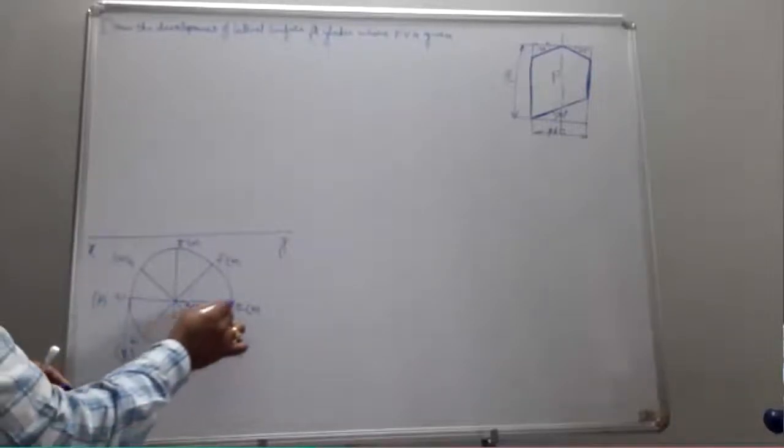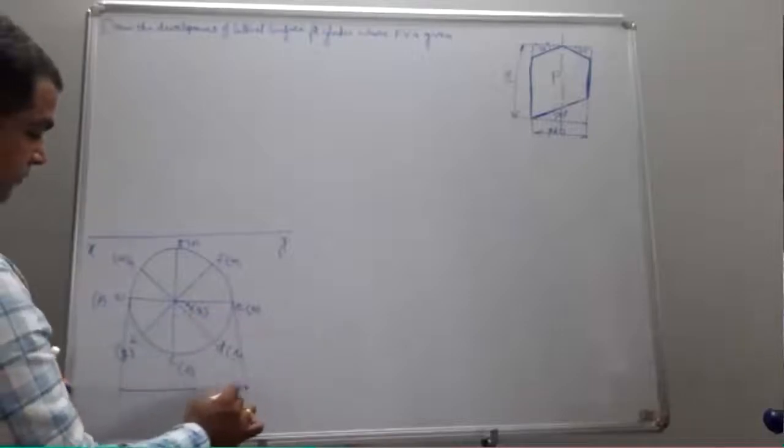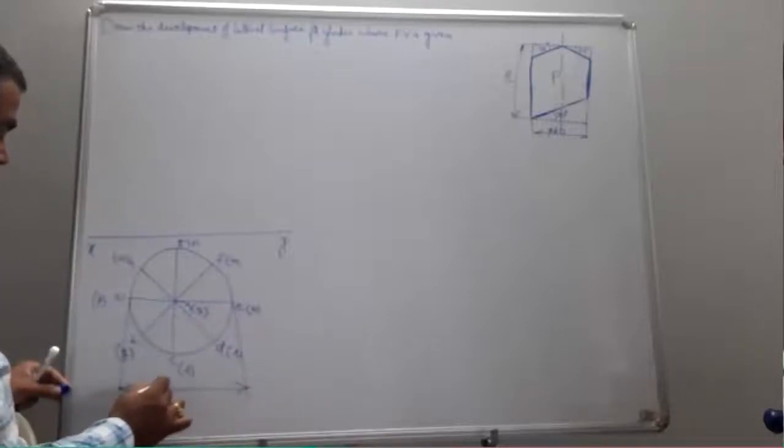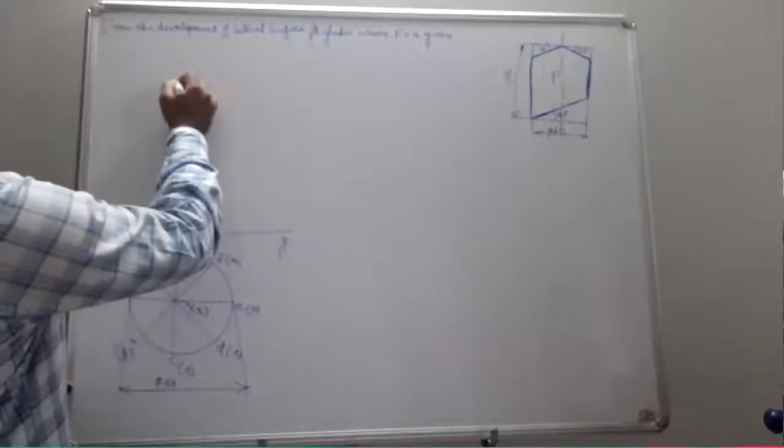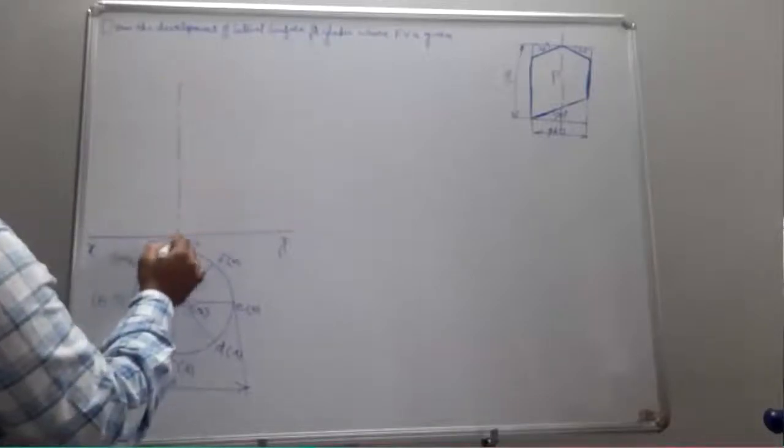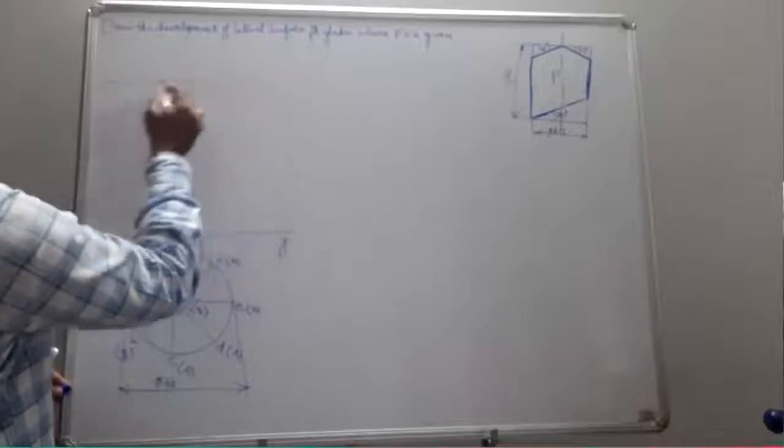The diameter of the base is 60 and the height of the axis is 100.